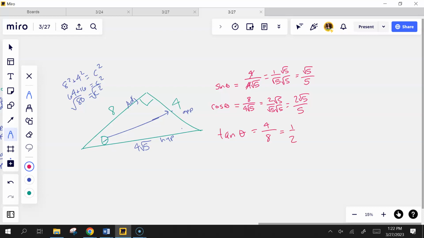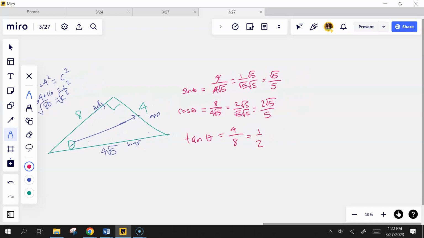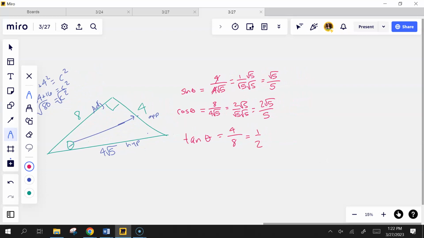Still not done. Which reciprocal function goes with sine? Cosecant or secant? Cosecant. Here's the abbreviation, CSC. CSC is the abbreviation for cosecant. But here's the thing. I don't want to flip this one because then that puts my radical back on the bottom.